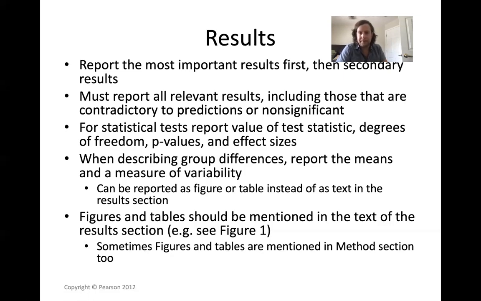So something like, the results that we're analyzing here are shown in figure 1. And then you say, the factorial ANOVA revealed a significant main effect of A and B and a significant A by B interaction. But you always have to state somewhere in the results section, figure 1, see it. Take a look.